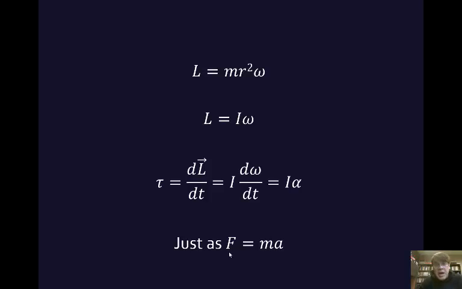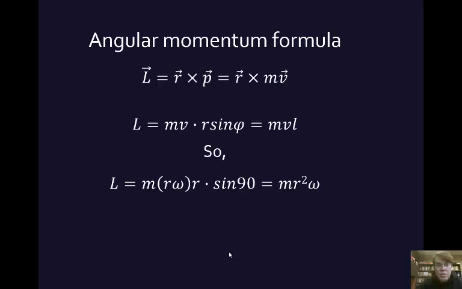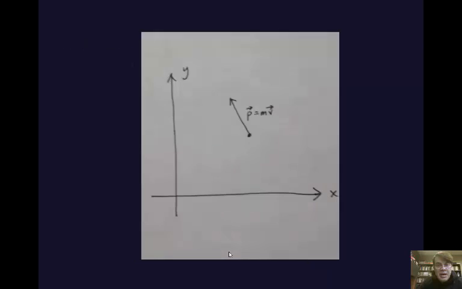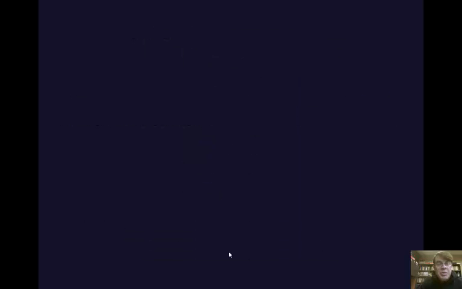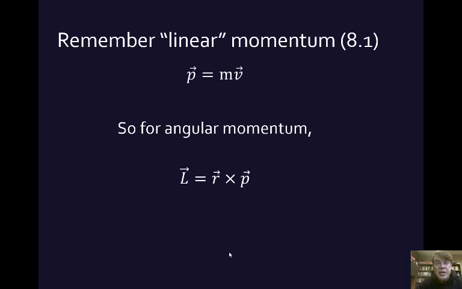So the bottom line of this video is, although some of the formulas can be a little bit complicated, angular momentum is very analogous to linear momentum. And so we remember from the very beginning that P equals mv, so linear momentum is P, and angular momentum is momentum in a cross product with the radius from whatever point of origin you're looking at.